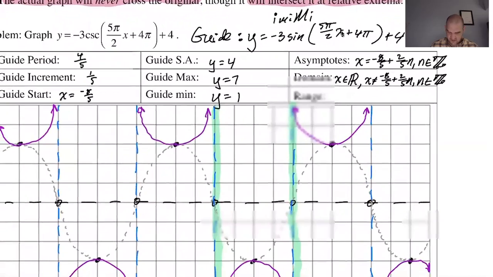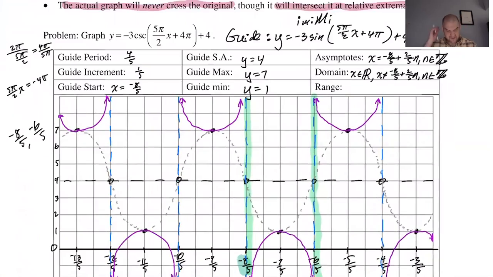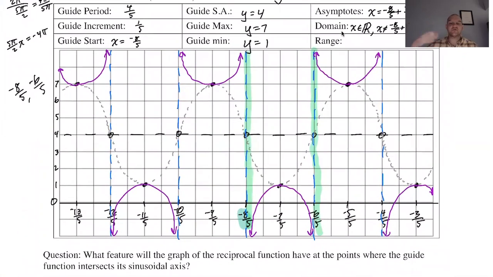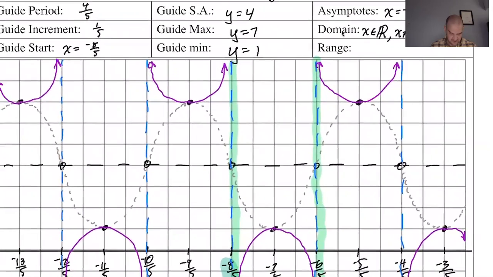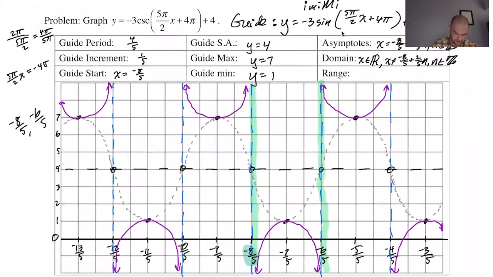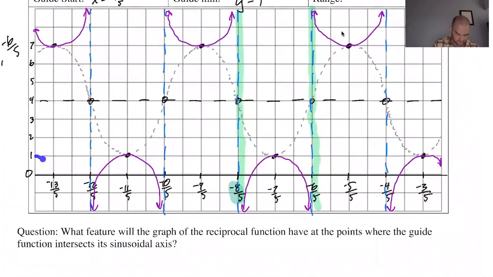Now the range is sort of interesting, because if you know the range of the guide function, the range of the reciprocal function is kind of like the complement of that, except you do include the max and min. So here, the range, I can go anything from 7 up, that's where that graph lives, or from 1 down.